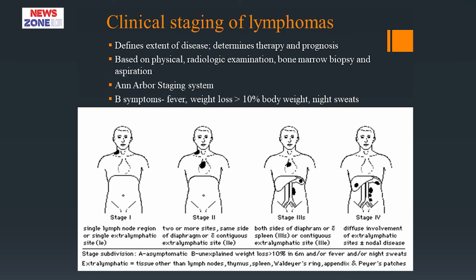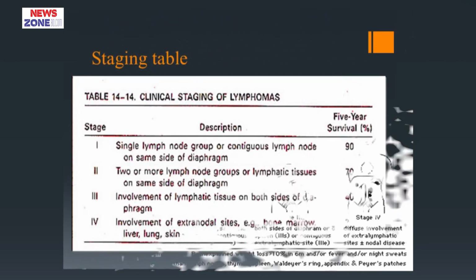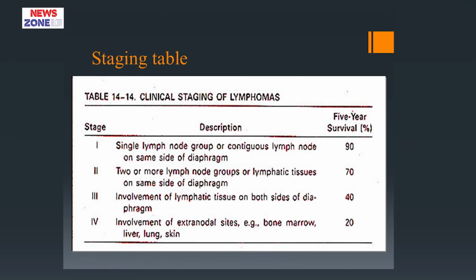Stage 3 is when lymph nodes are involved both above and below the diaphragm, and there may be deposits in the spleen. And if the spleen, liver and various other groups are involved, then it is stage 4. So, what is the benefit? Stage 1, stage 2, stage 3 and stage 4.